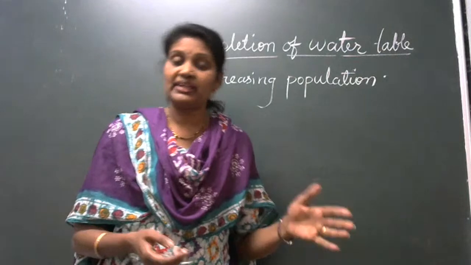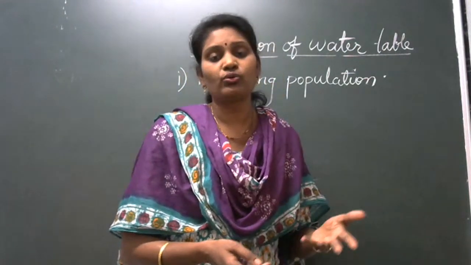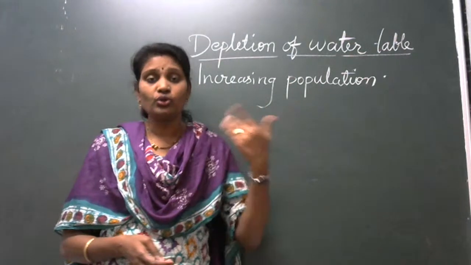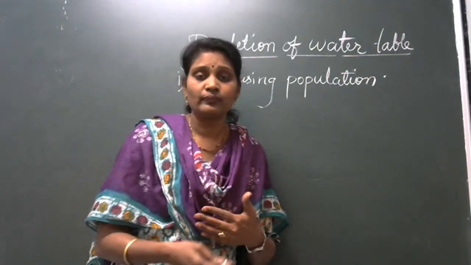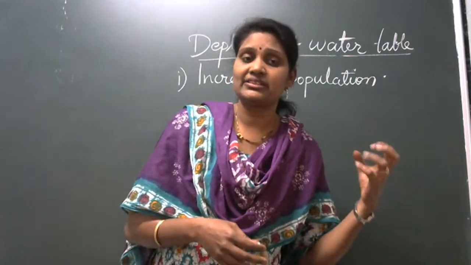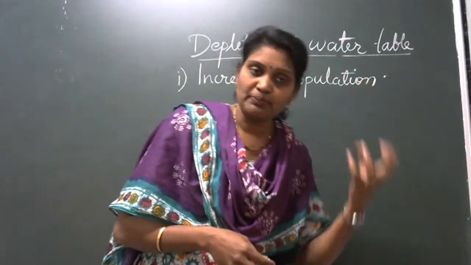So पहले 50 लीटर में हो जाता था, now we need 100 liters of water, isn't it? So the usage of water has become more, doubled. So naturally, this also will increase the usage of water, and this will lead to the depletion of water.